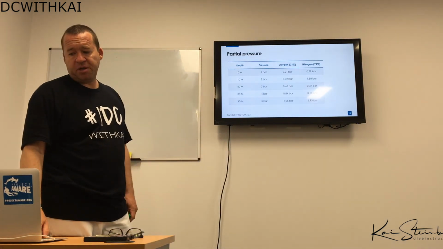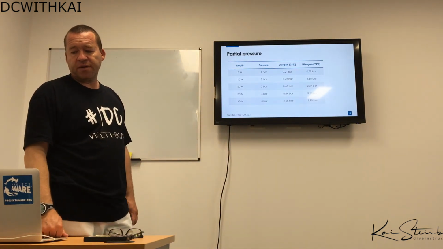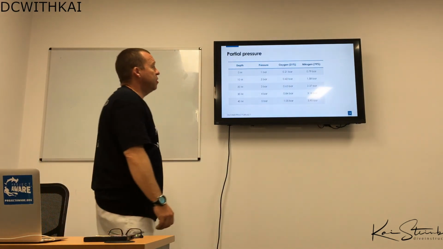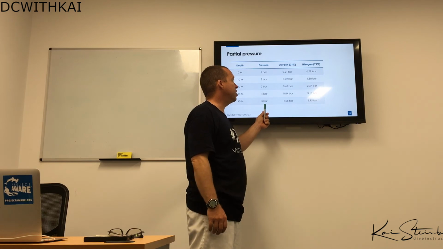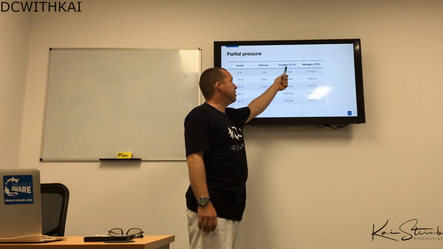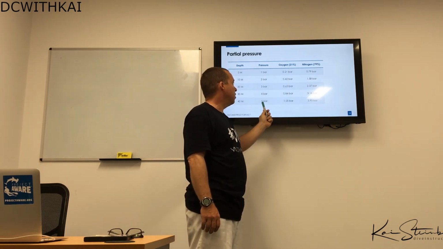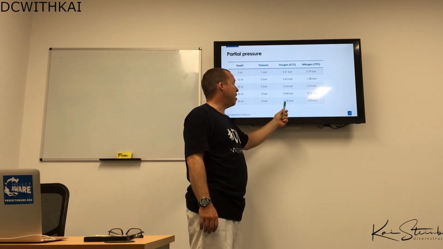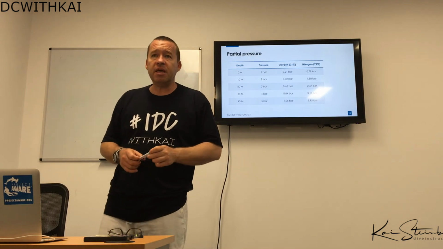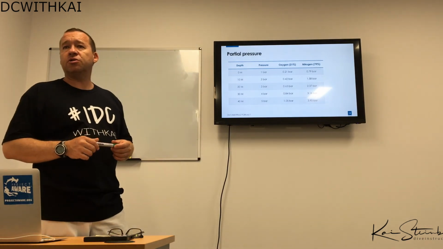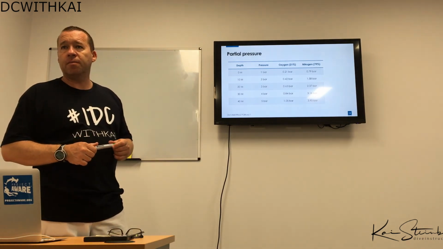And simply going down, so on and so forth like that. Interesting to note here that at 40 meters, where we have 5 bar pressure, we have 21% oxygen, 21% of 5 bar is 1.05. So that's almost the equivalent of breathing in 100% pure oxygen.